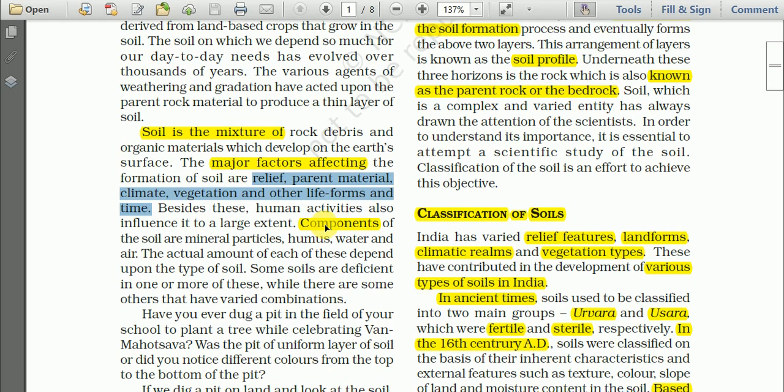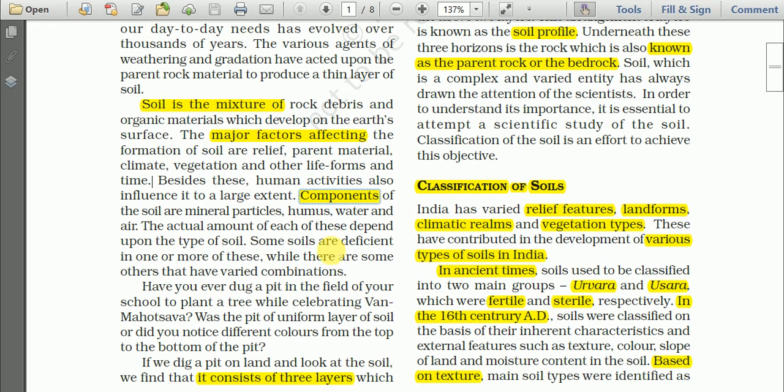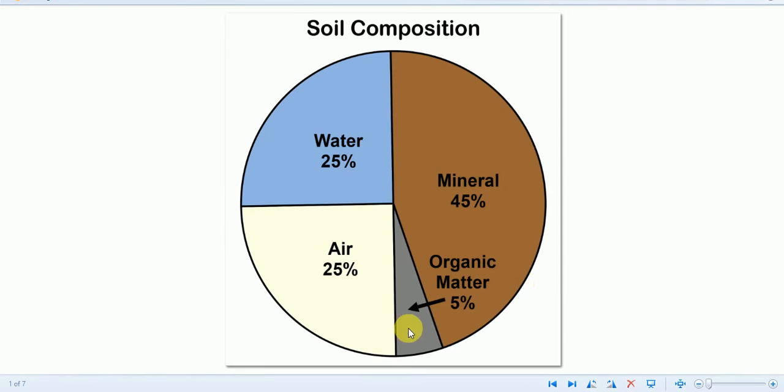Components of soils are mineral particles, then humus, partly decomposed organic matter, then water and air. So these are the important components of the soil: mineral particles, humus, water, and air, as shown in this diagram.